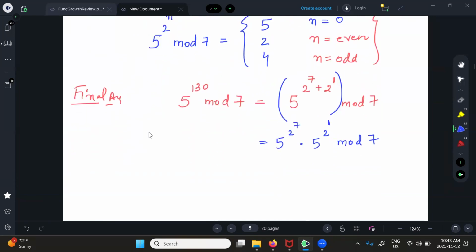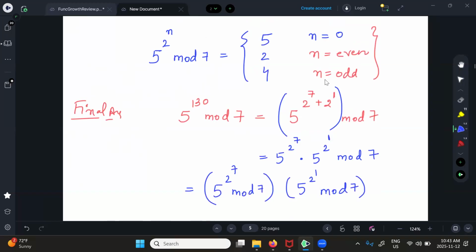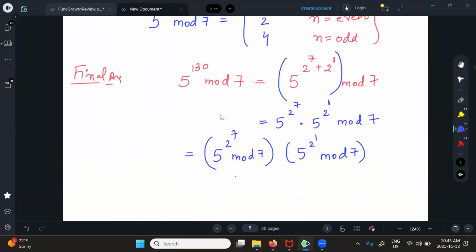So this is equal to 5 to the power 7 mod 7, 5 to the power 1 mod 7. And I already know the pattern. If n is odd, this answer will be 4. If n is, well, that's again odd, right? Mod 7, and 16 mod 7 is 2.